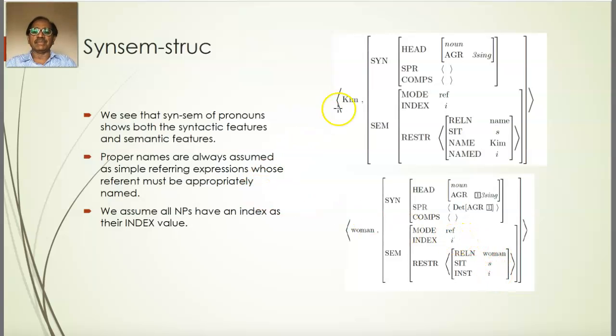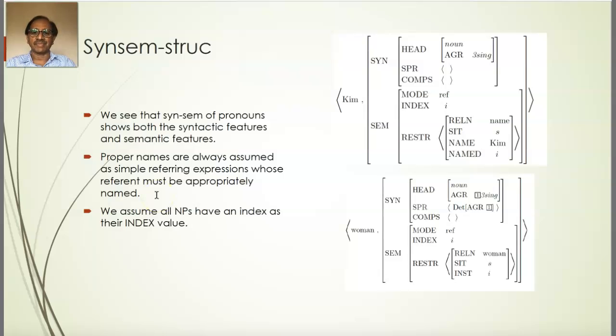When you look at proper names, they are always assumed to be simple referring expressions, right? Remember our expressions in our previous course? Yes, it is mostly assumed in all the grammars. So even here we say that a proper name is nothing but a referring expression, whose referent must be appropriately named.